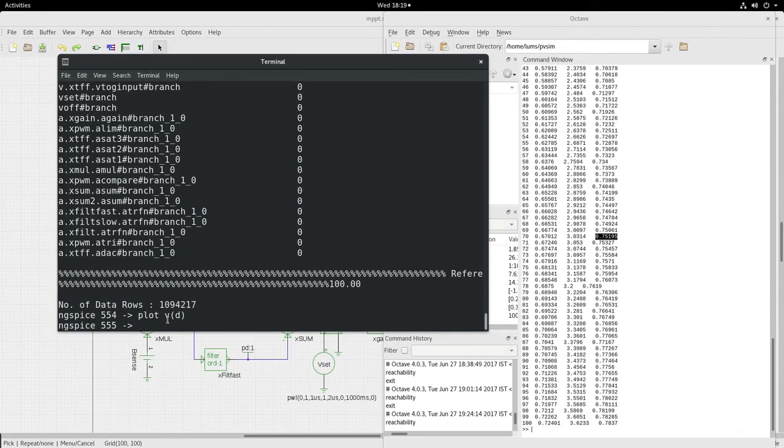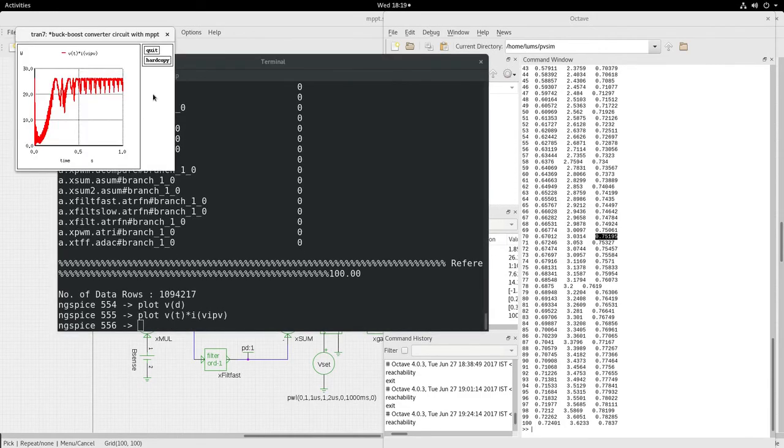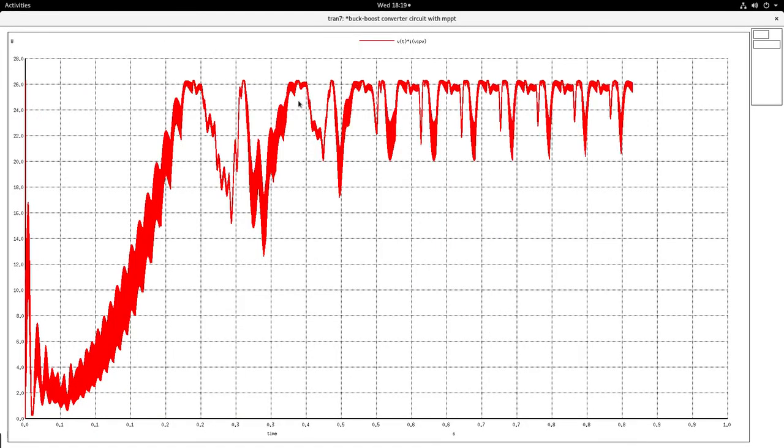And if you look at the plot of VT into the current through the PV source, the power is still hovering around the 26 watt level. There are some disturbances here which should get adjusted if you tune the filters properly.